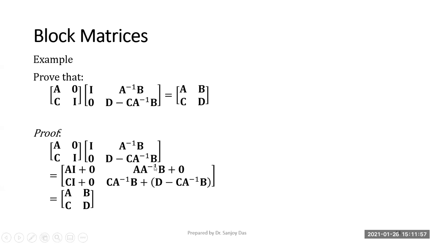A inverse A equals I, so I times B is B plus 0, B. C I plus 0 is C, and here you can cancel out C A inverse B and negative C A inverse B, and we're left with D. So this is an identity, as long as this block A here is invertible, non-singular. Invertible matrix and non-singular matrix mean the same thing.